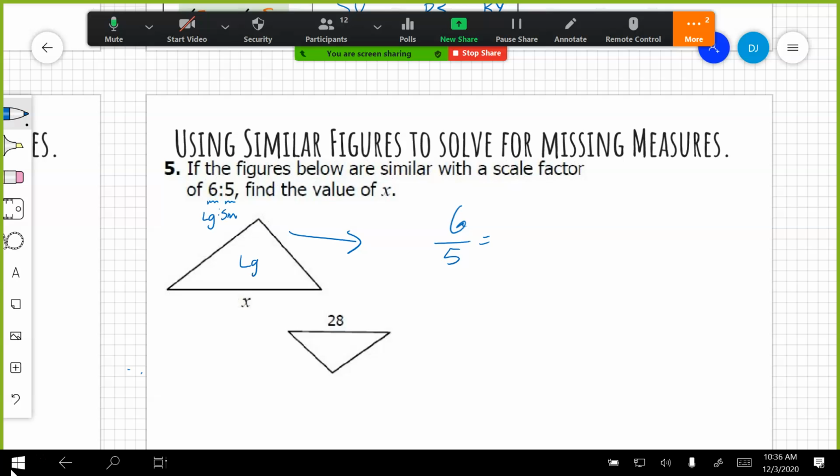So this is our large and our small. So how would you change that ratio? Because we put large divided by small. So over here we need large divided by small as well. There you go. That's going to change your answer just a little bit.